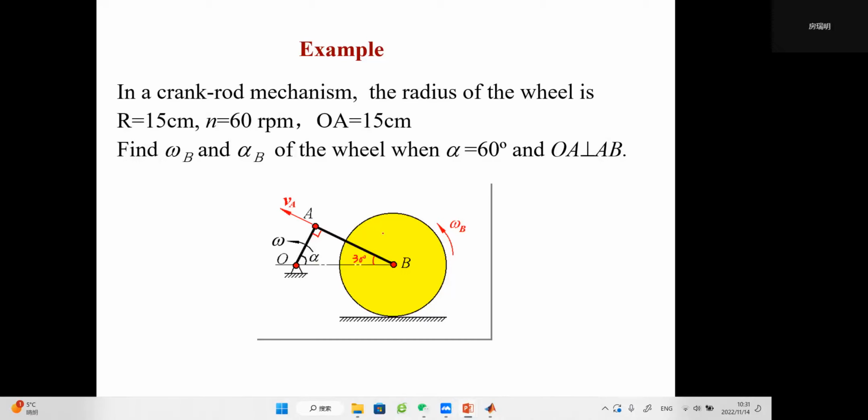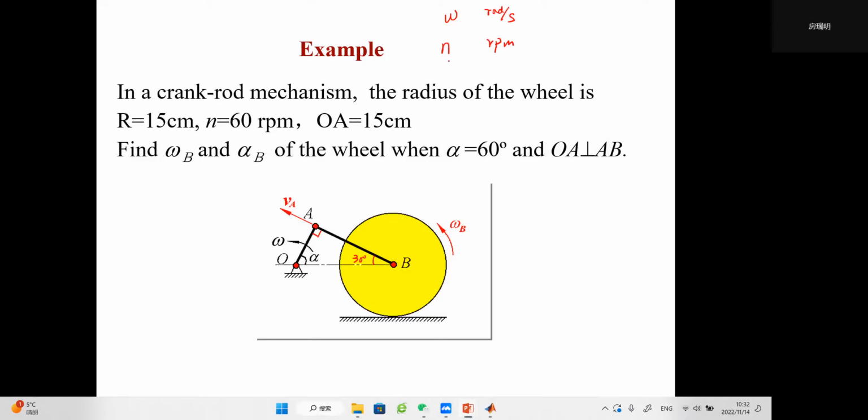Because OA rotates around the point O in this CCW direction with omega, this magnitude omega we can find from this n. Do you guys still remember how to find the relationship between omega and n? Let me tell you in detail. Angular velocity omega has units of radians per second, right? And n has units of revolutions per minute.